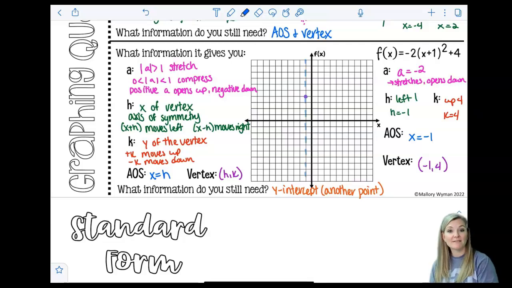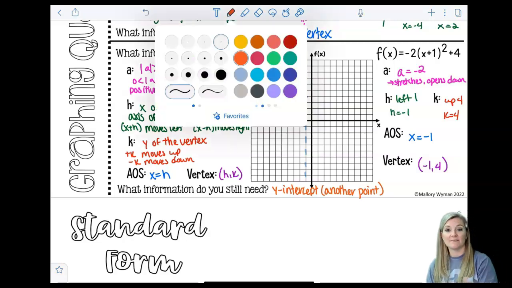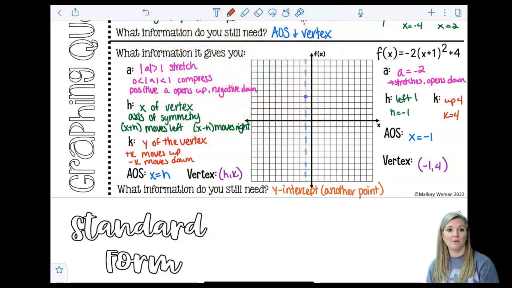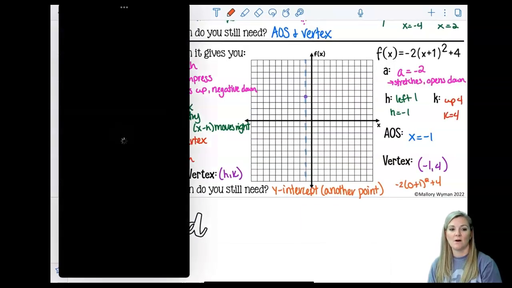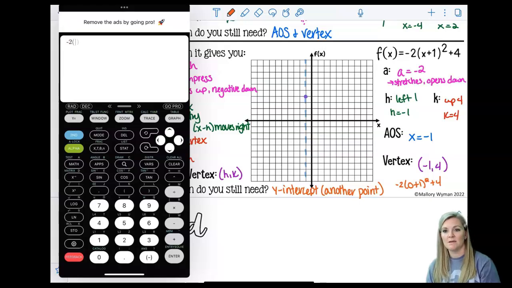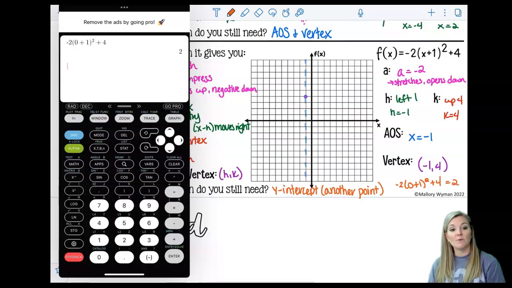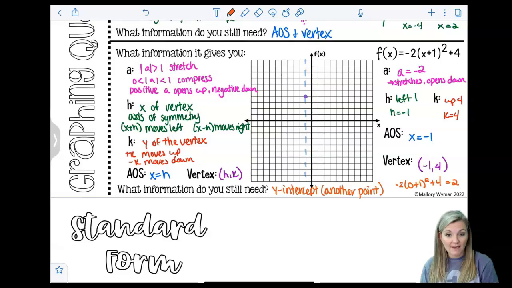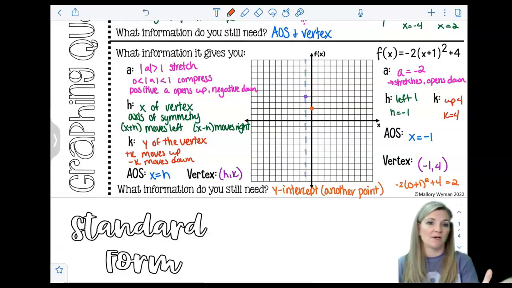What we did last class was put in our y-intercept to find that last point, so that's what we're about to do, putting 0 in for x. Using our calculator, negative 2 times (0 plus 1) squared, plus 4. That is 2. So now I have a second point, 0, 2, which I can reflect.